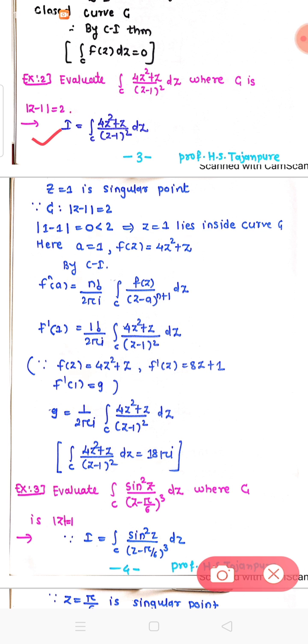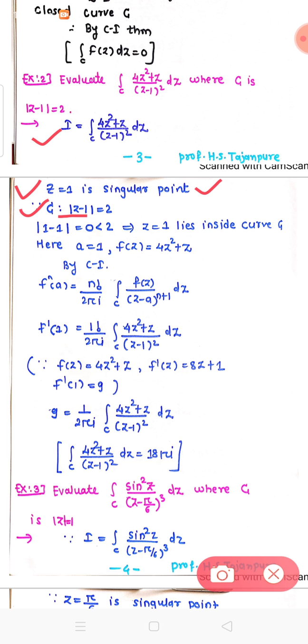Again, the very first step of the example is that you should write the singular point. The singular point is z equal to 1, which means it is the point for which the function becomes infinity. Now let us check whether that point lies outside or inside the curve C. For that, in the left hand side of the equation of the curve, put the value z equal to 1.